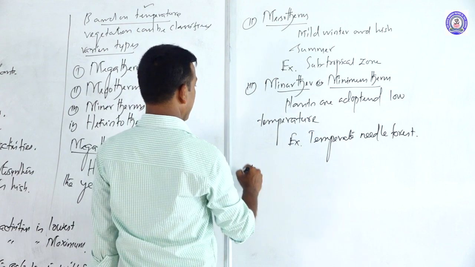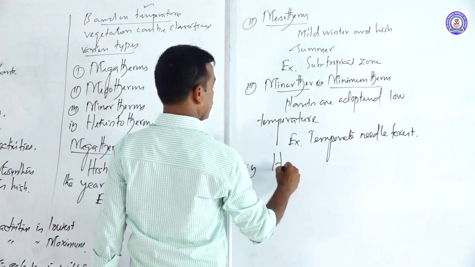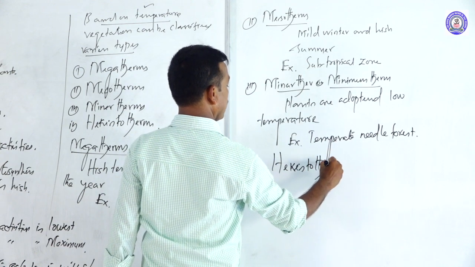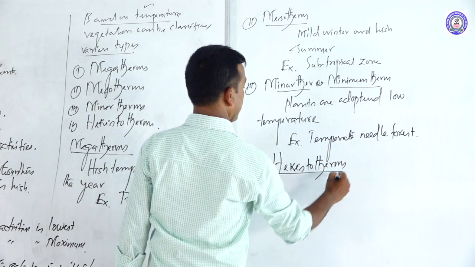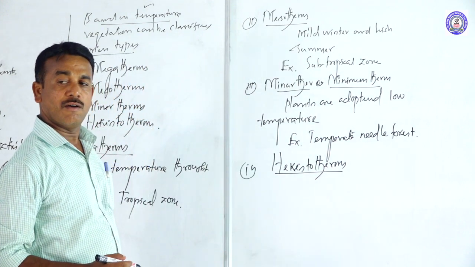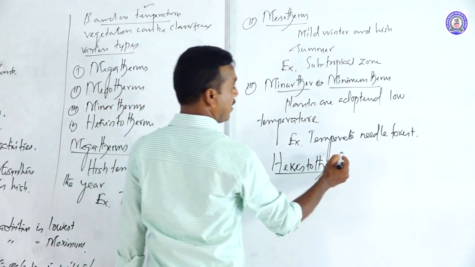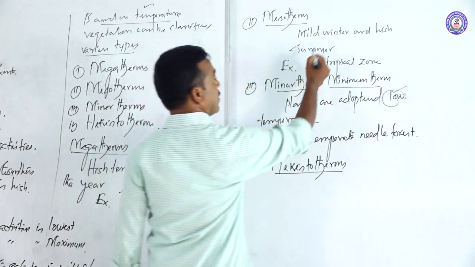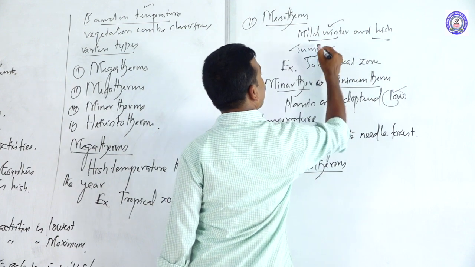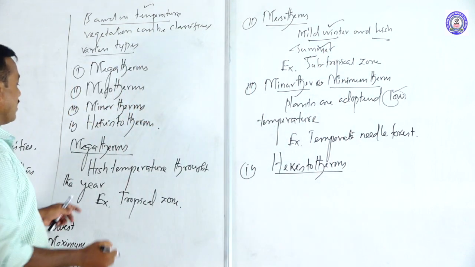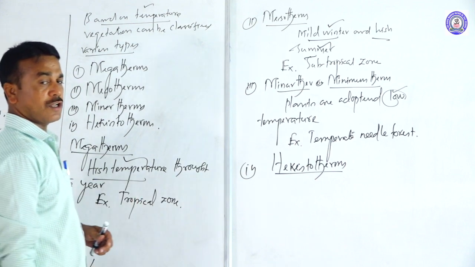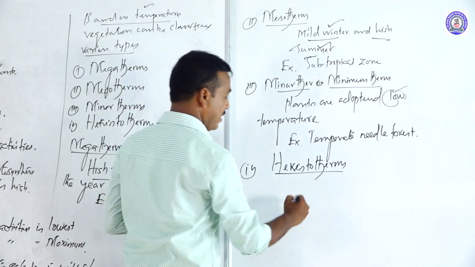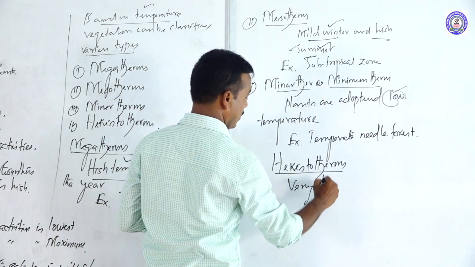The fourth one is commonly called hextotherms. What do they call hextotherms? The plants are adapted to very low temperature.